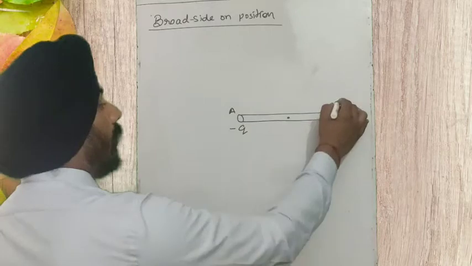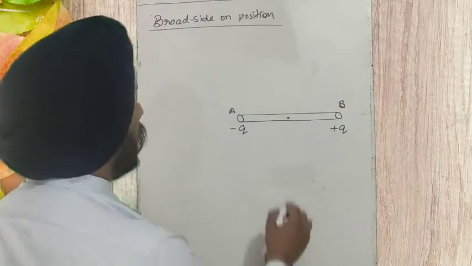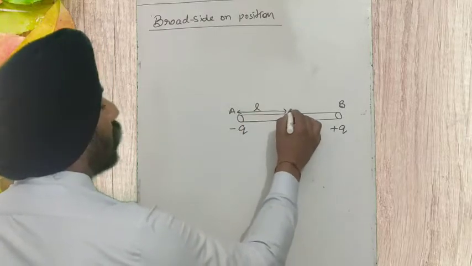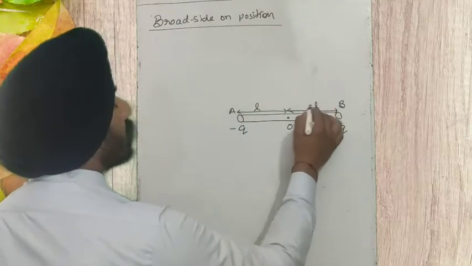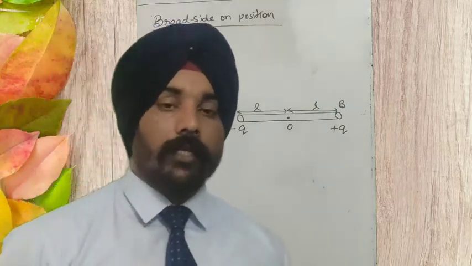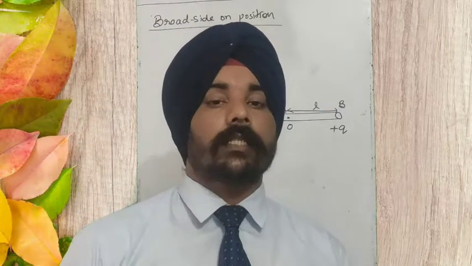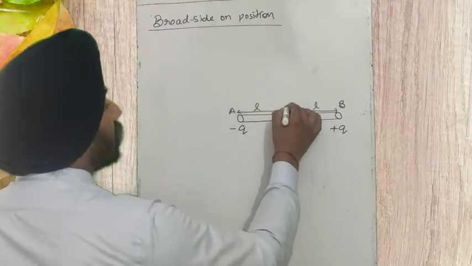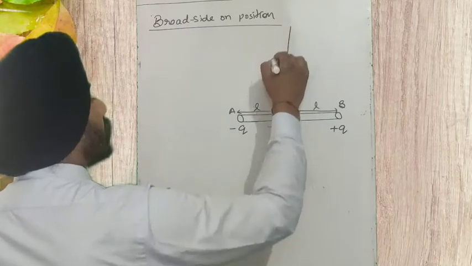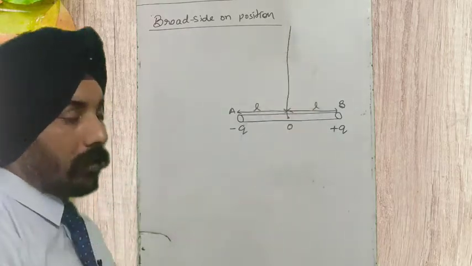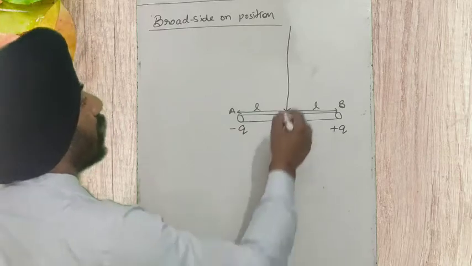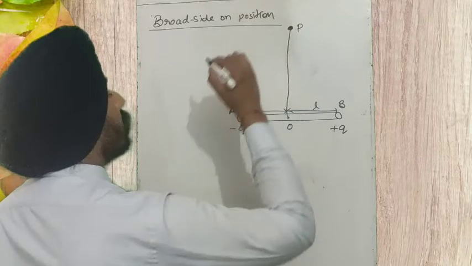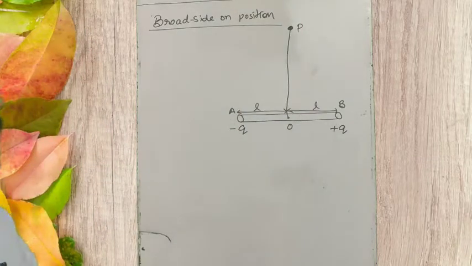Let's consider the charges are at A and B, and the center is O. The distance from O to A is small l, and from O to B is also small l, because the charges are kept at 2l distance apart from each other on a dipole. As I told you, this point is lying on the right bisector, so I have drawn this right bisector, not very straight, but we can work with it.